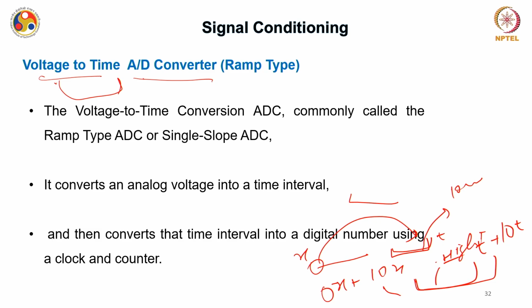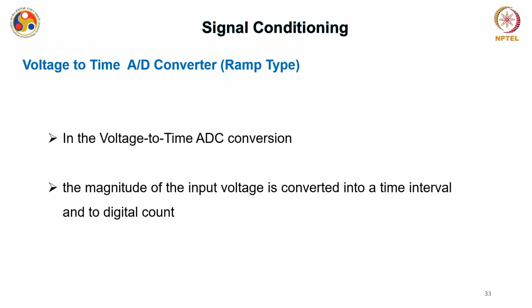So this voltage to time AD converter works on converting the analog voltage into a time interval and then converting that time interval into a digital number using a clock and a counter. In the voltage to time ADC conversion, the magnitude of the input voltage is converted into the time interval and then to the digital count, as I have mentioned.